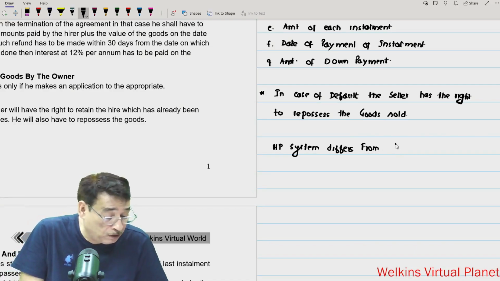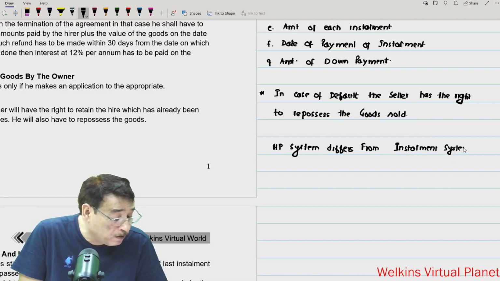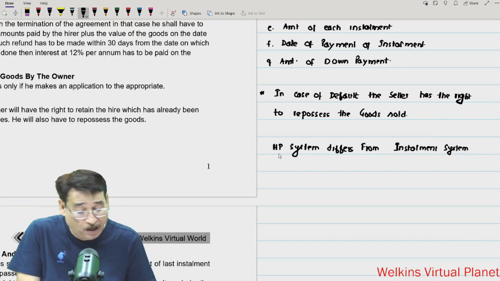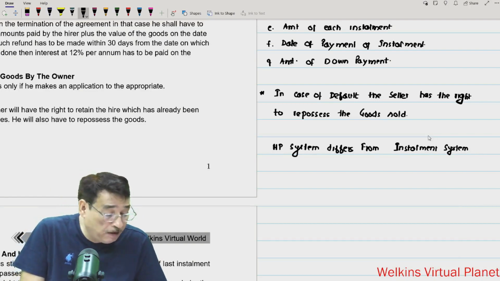installment system. Now there is installment system also, and most of us actually are under the impression that hire purchase system and installment system are one and the same thing. However, there is a slight difference. Hire purchase system differs from installment system in what sense?